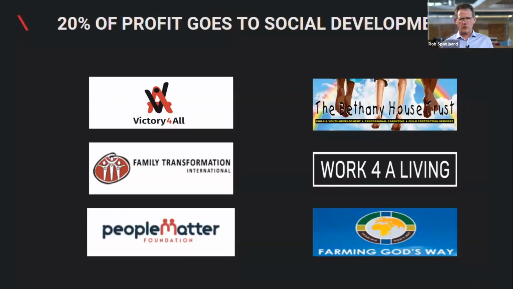So another part of what we do, just telling you a bit about who we are at Rezco. We live in a country where there's a lot of pain and suffering. There's a lot of difficulty. So we're part of that community. 20% of the profit of Rezco goes to some NGOs that are doing some spectacular stuff, real community-based, making a difference: agricultural development, workplace readiness. And that's just a couple of the ones we work with.